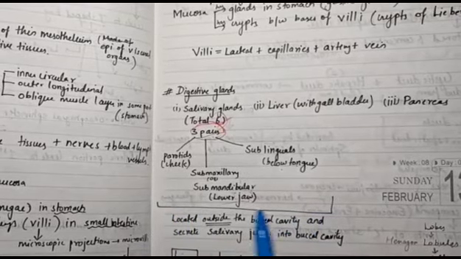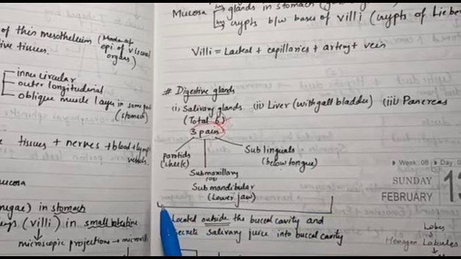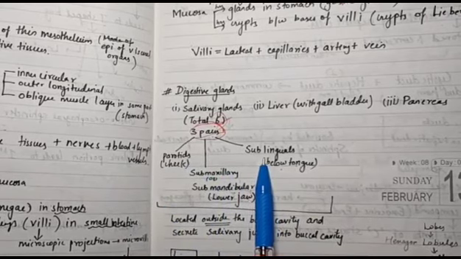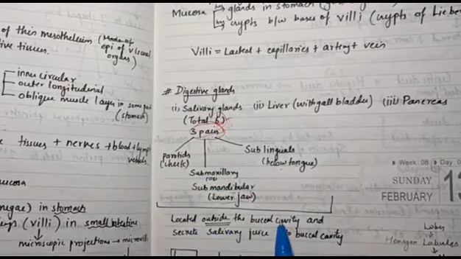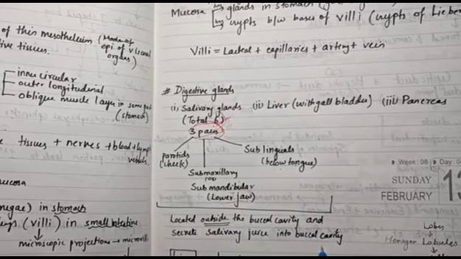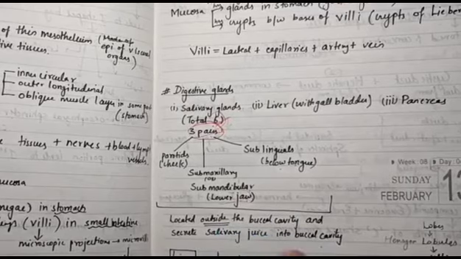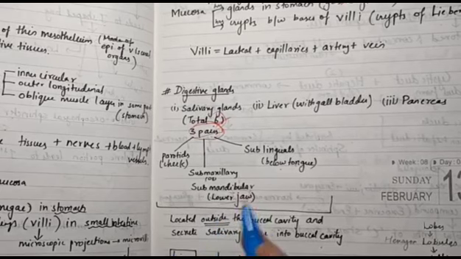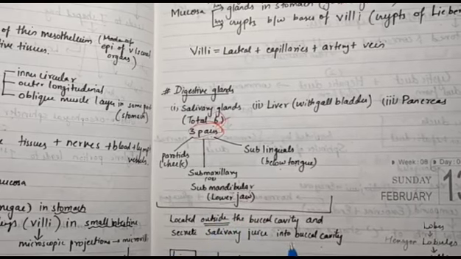Now remember this line, it is in the textbook itself. All these 3 pairs of salivary glands are located outside the buccal cavity and secrete their salivary juice into the buccal cavity. Don't get confused, we don't know what NTA can do, so they might confuse us by replacing the words outside or inside.